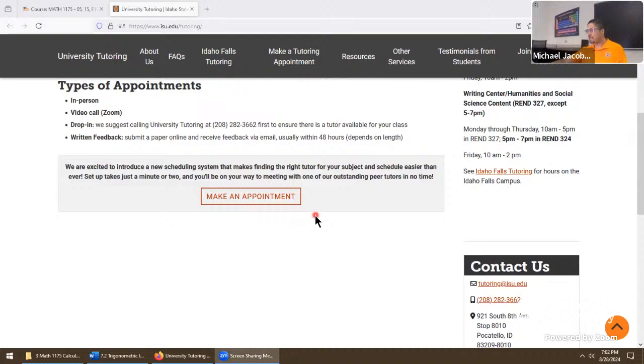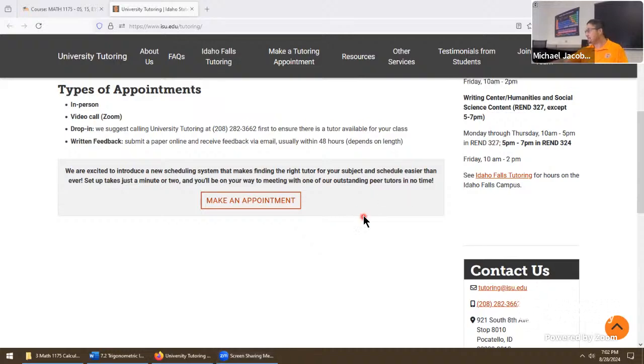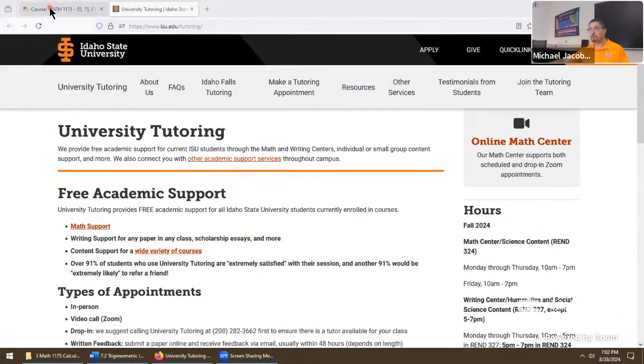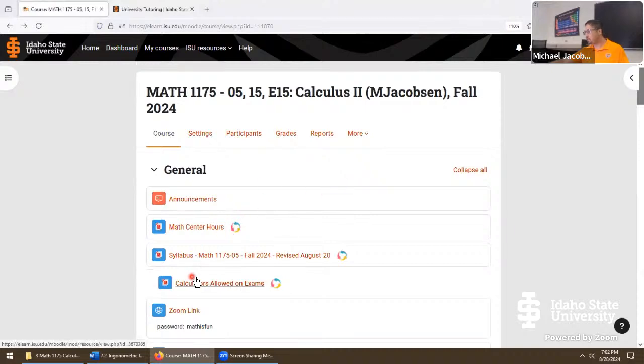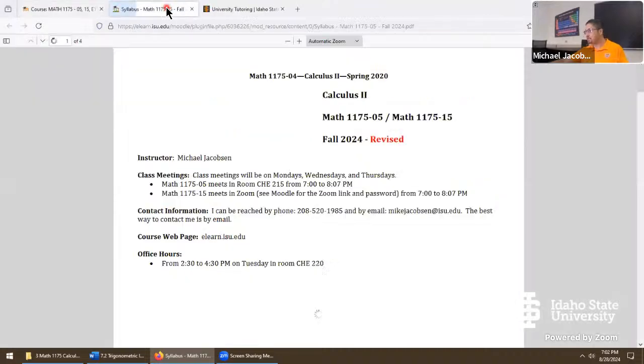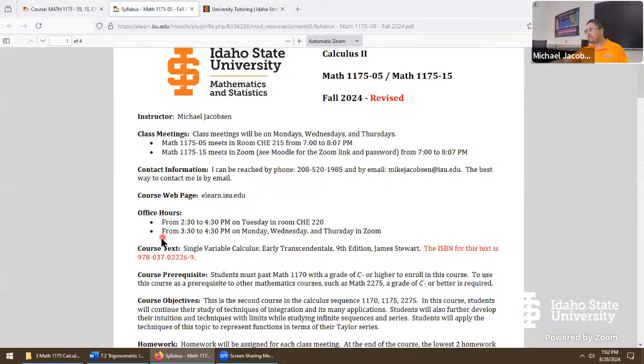Me saying I have office hours in room 220 is probably not helpful if you're in Pocatello or even further out, so there are great ways to get extra support. Also, don't forget, I have the times on my syllabus, and you can pop in on any one of them through Zoom if you're in the online section. Zoom office hours are for anybody, so you might see people from my other classes.